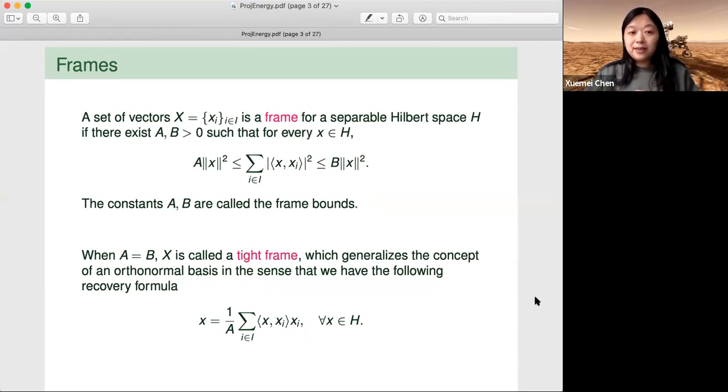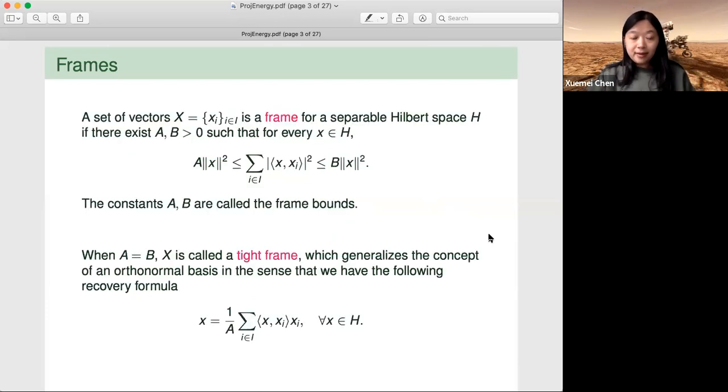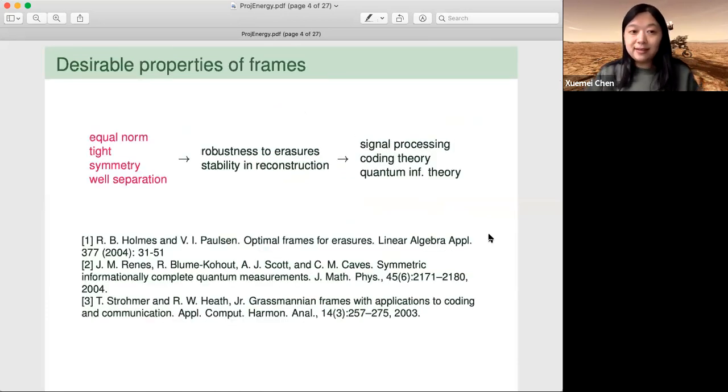That would be the official definition. But really, think of a frame as an over-complete set of vectors that would span your original Hilbert space.